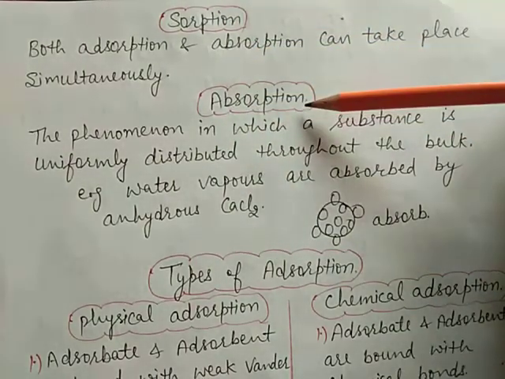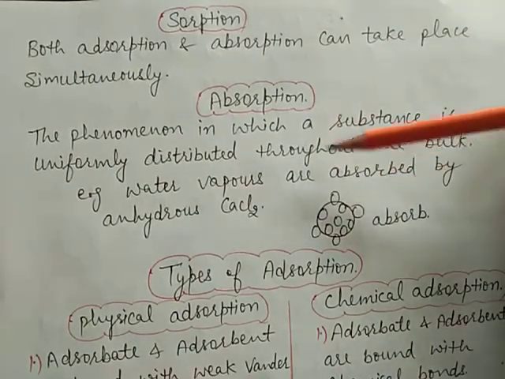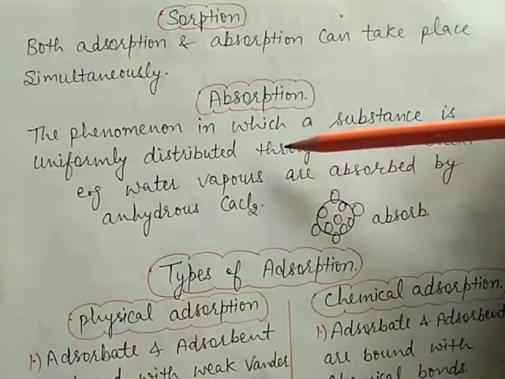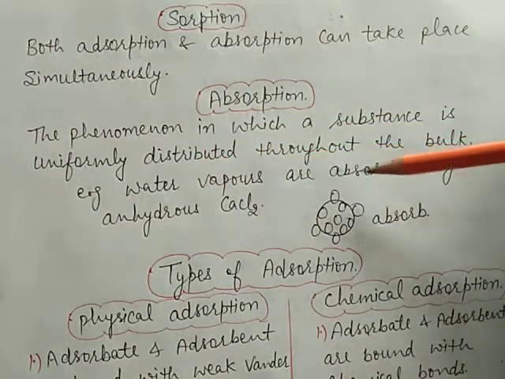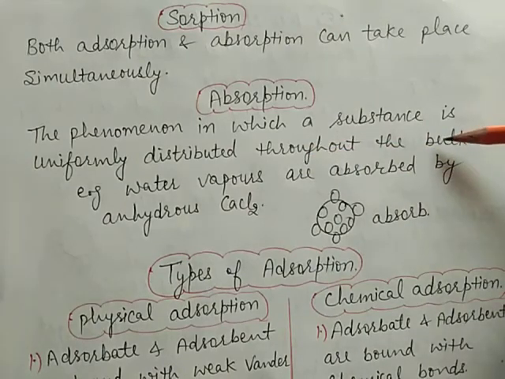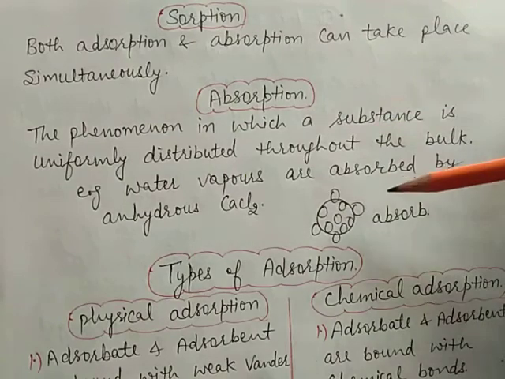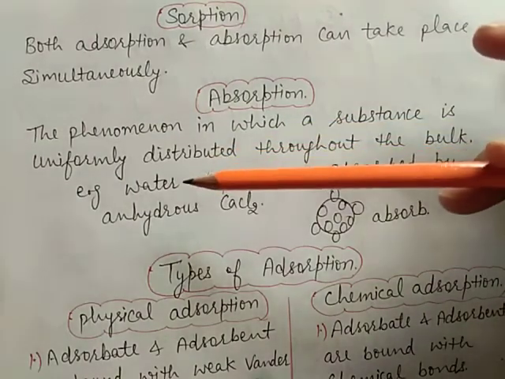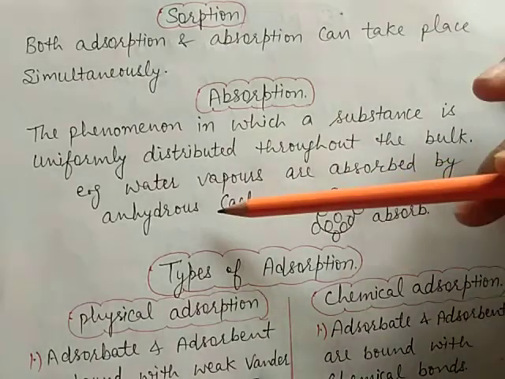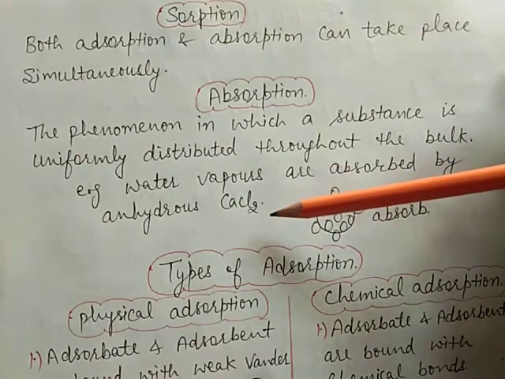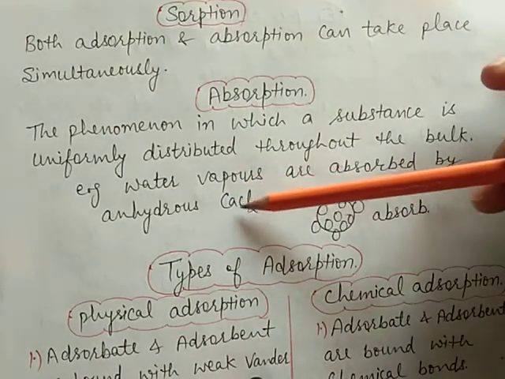Now the next term is absorption, means the phenomenon in which a substance is uniformly distributed throughout the bulk, means the substances go inside the bulk. Suppose water vapors are absorbed by anhydrous calcium chloride.